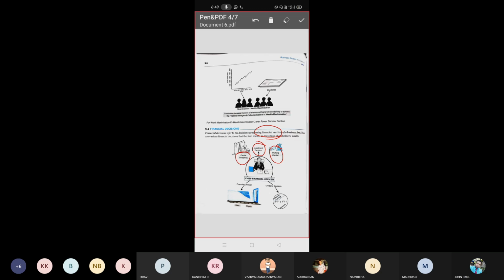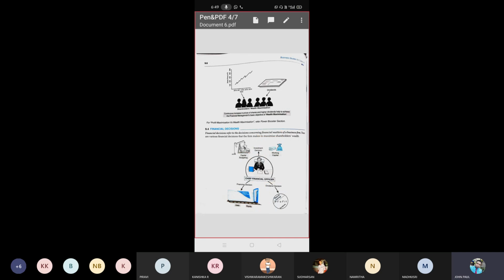Then, how shall we share the profit? In what way can we share profit? And the financing decision: how shall we arrange finance? Either debt or equity. Debt means borrowing. Equity means we can arrange the finance through the shares of shareholders.